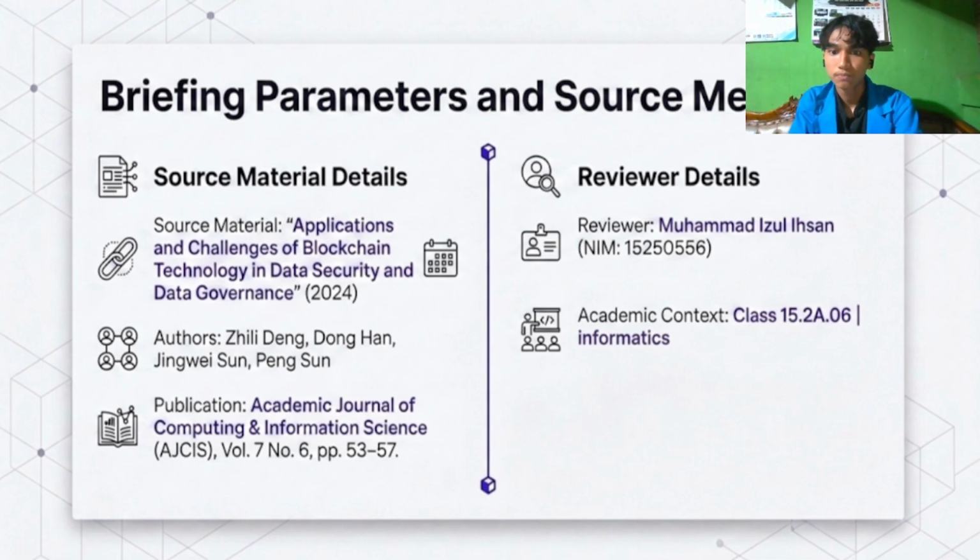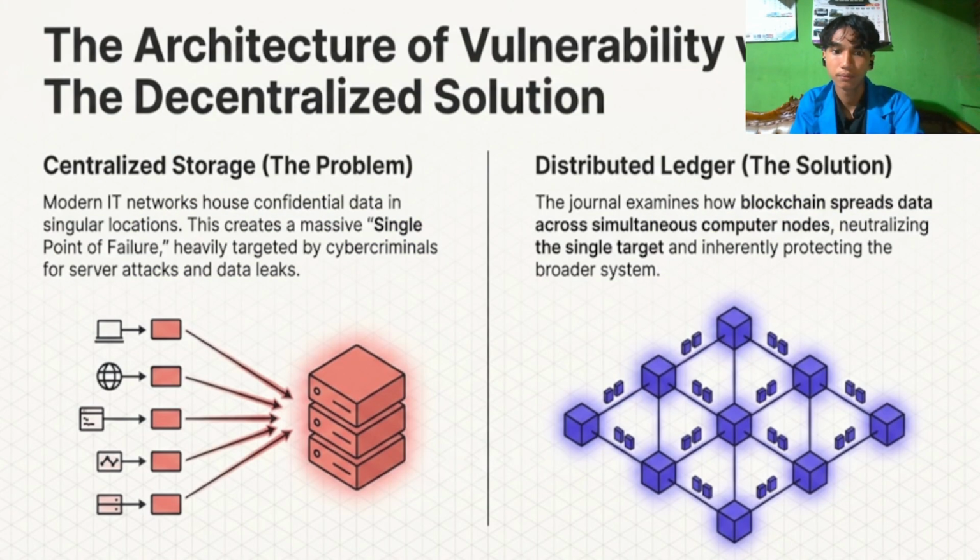Furthermore, it was published in the Academic Journal of Computing and Information Science, Volume 7, Number 6. And lastly, the reviewer is me, Muhammad Izul Ihsan, from class 15 to A06, majoring in informatics.